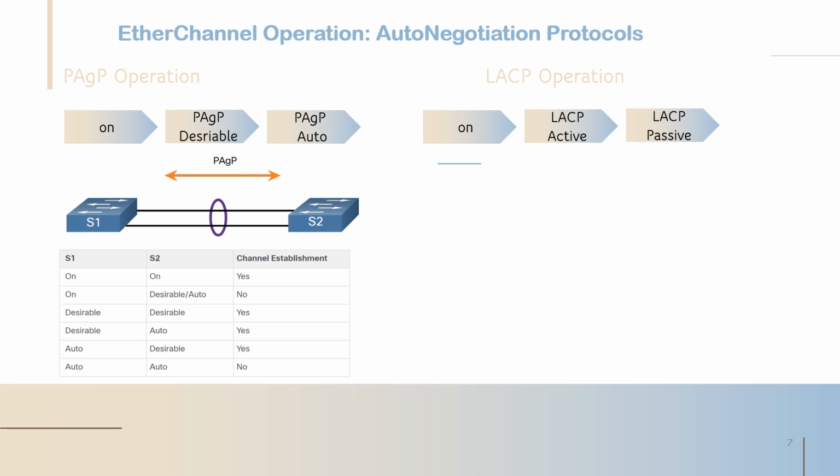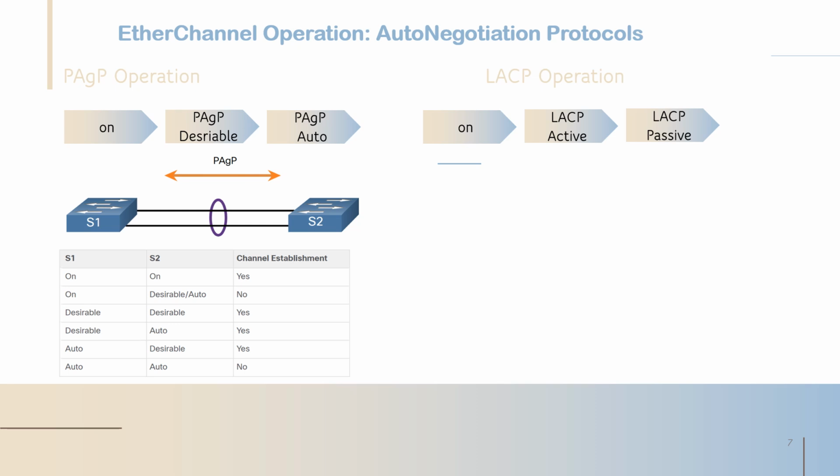Just the same as PAgP, modes must be compatible on both sides for the EtherChannel links to be formed. The on mode is repeated because it creates the EtherChannel configuration unconditionally, without PAgP or LACP dynamic negotiation.